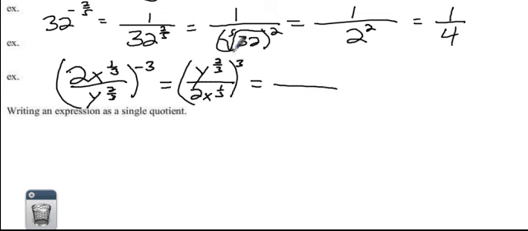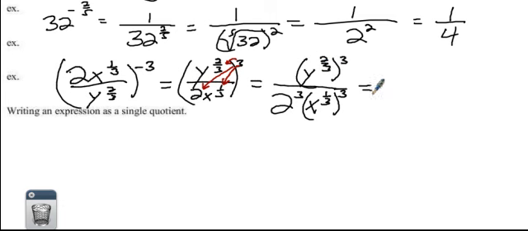Okay? Then you take this 3 and you bring it next to all 3 things. I've got a number 2, so I have 2 to the 3rd. I've got x to the 1/3, I'm going to raise that to the 3rd. And I've got y to the 2/3 that's going to get raised to a 3rd.